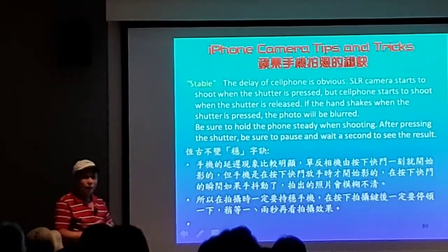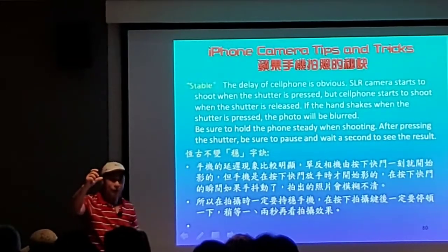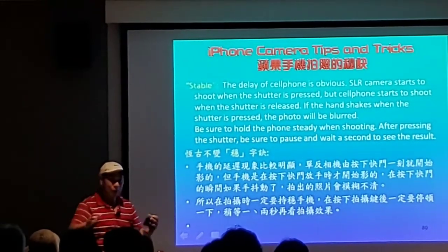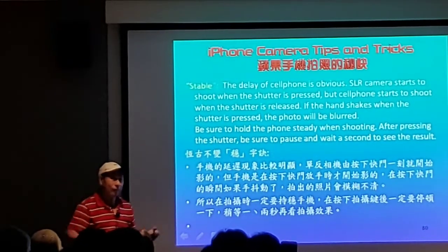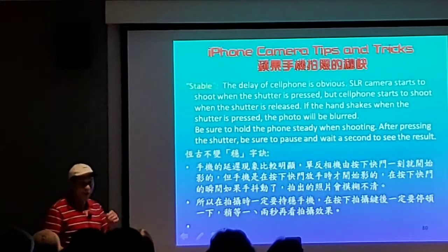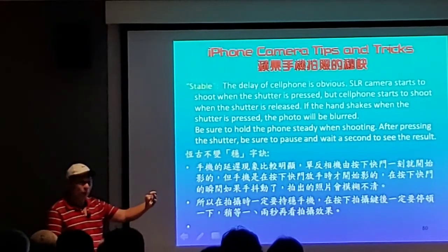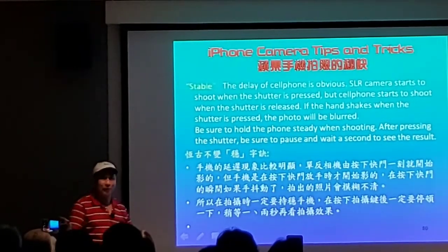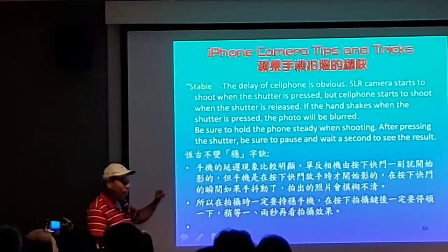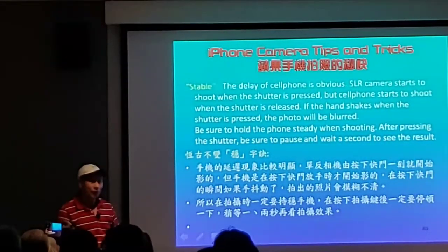One is, with your big camera, when you press the release button, it takes the picture. With a cell phone, it's a little bit different. When you press, it's not taking a picture. When you release, it takes the picture.